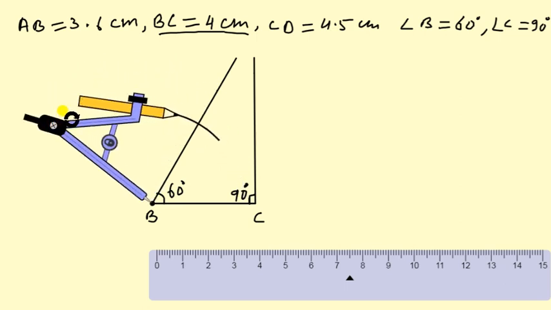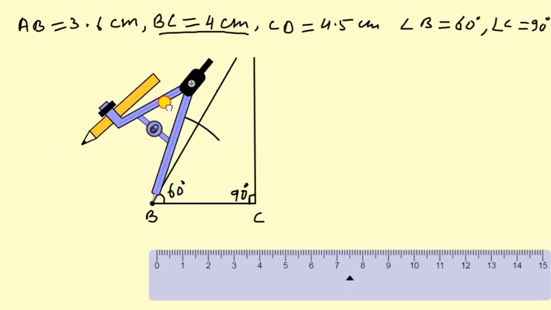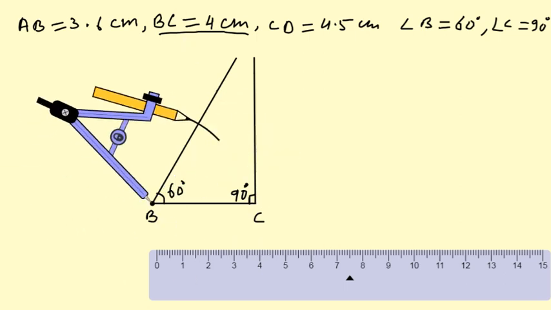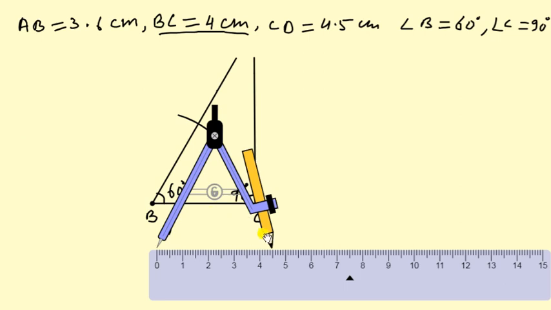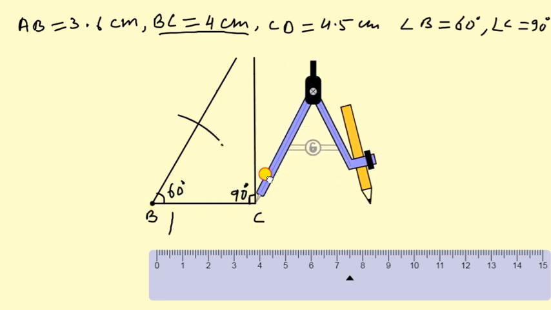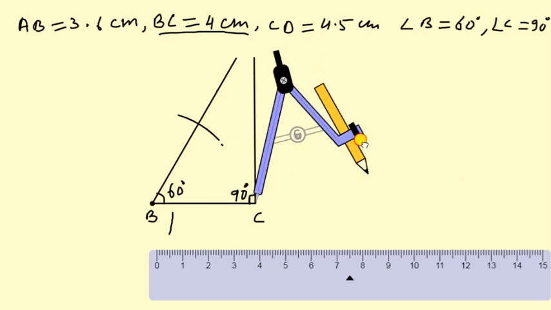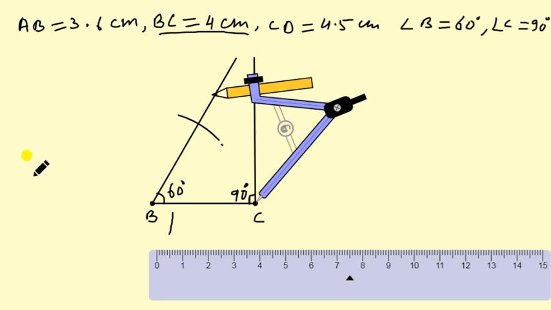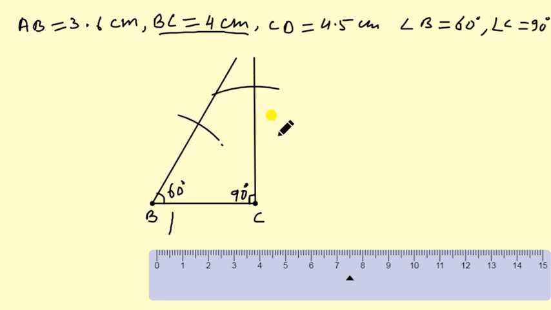And remove this one, and now take a distance 4.5 centimeter and make an arc from the C like this. Yes, like this you can. Now remove your compass and now join this.